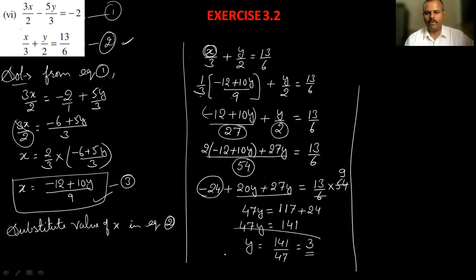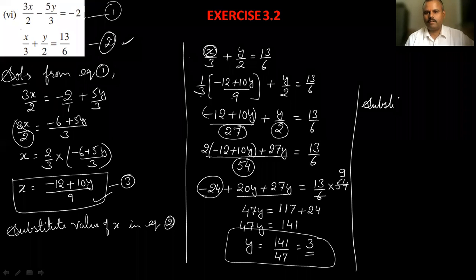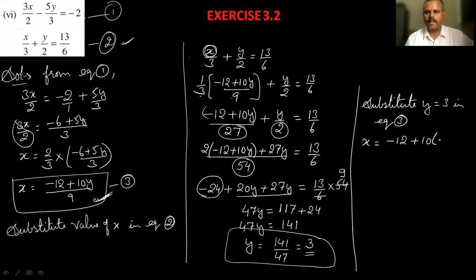After you find the value of y, then you have to substitute y equals 3 in the equation. I think it will be easy now to substitute in 3 only. Yes, sir. So x equals (minus 12 plus 10 multiplied by 3) upon 9.